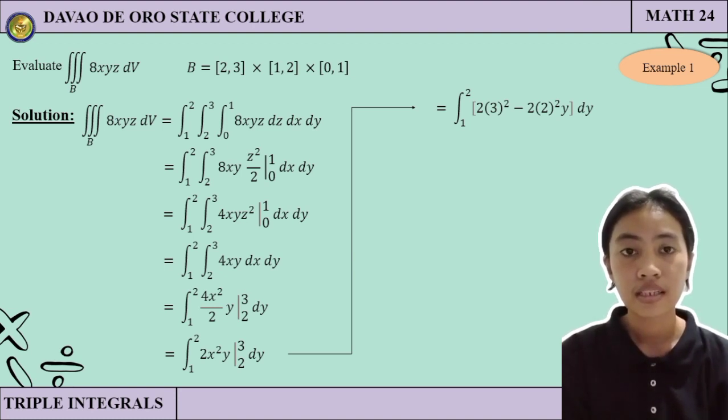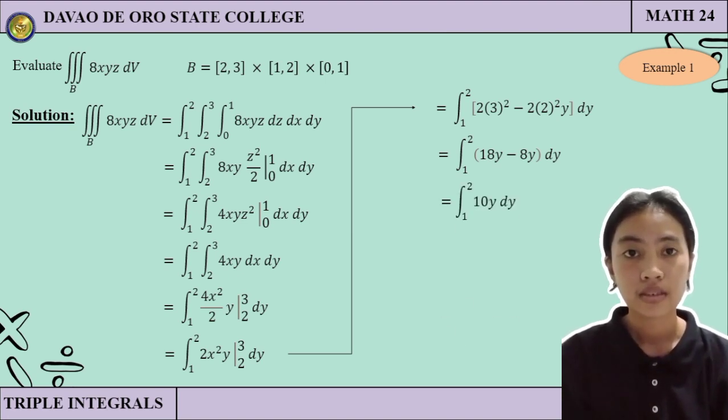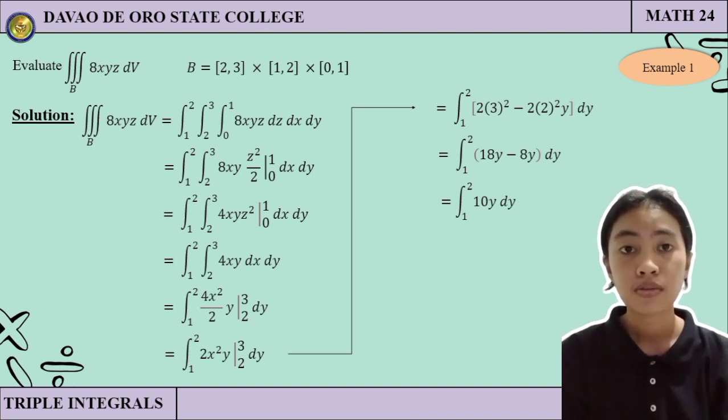Upon simplifying that, it will result to the integral from 1 to 2 of 18y minus 8y dy. We can subtract 8y from 18y, which will result to 10y. So our new expression will become the integral from 1 to 2 of 10y dy.